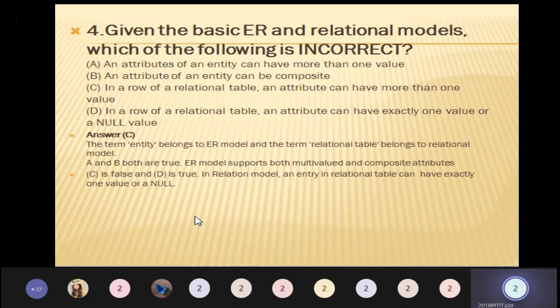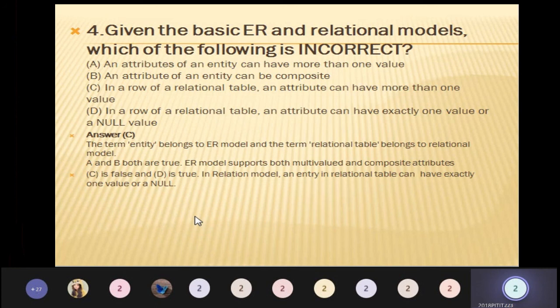Okay. So next, let us see the fourth question in GATE preparation. Given the basic ER and the relational model, which of the following is incorrect? Please listen carefully. The first option is the attributes of the entity can have more than one value.